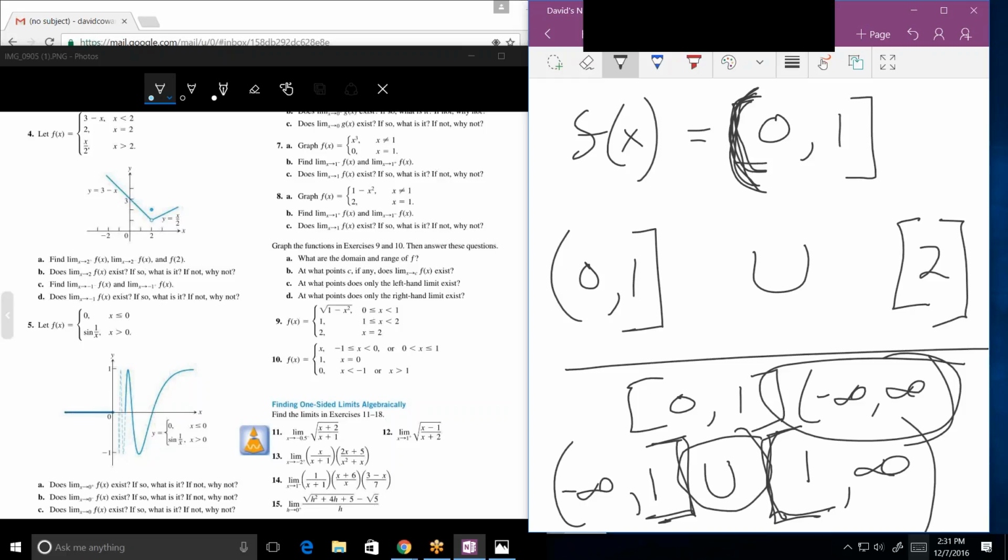So f of x can only be x, which means it's going to be from -1 to 1 based on the top part, or it can be 0 or 1 based on the middle and the bottom part. So my complete range is -1 bracket, -1 to 1 bracket, for number 10.